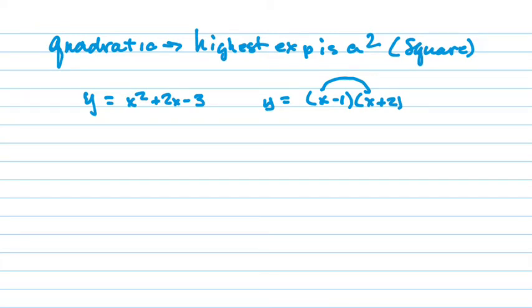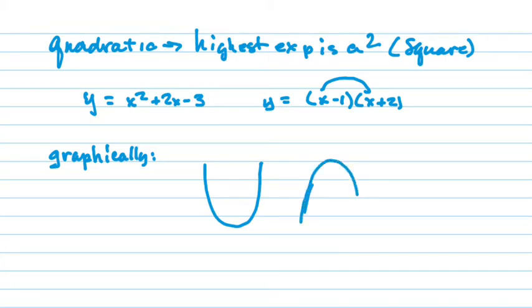Now, graphically, the graph of a quadratic is a U-shape called a parabola. And it can open up or it can open down. Guys, it will open up if your x squared is a positive.